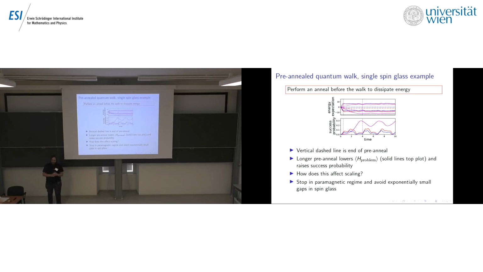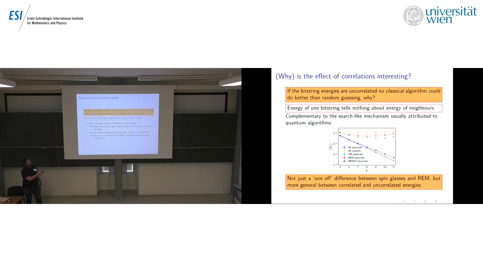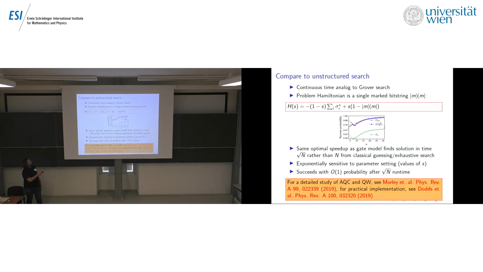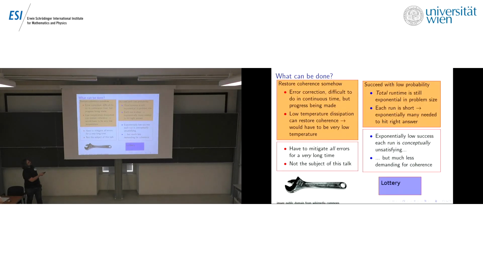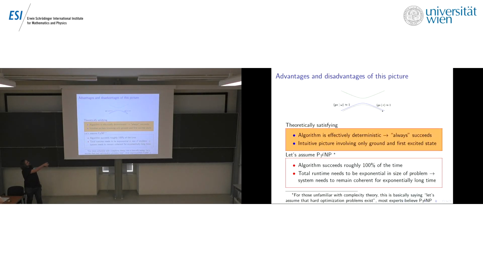We don't think that necessarily the minimum gap is actually a determining factor here, because the dynamics here involve many, many energy levels. One thing that makes traditional adiabatic so appealing is it's theoretically approachable, because you have this two-level model.